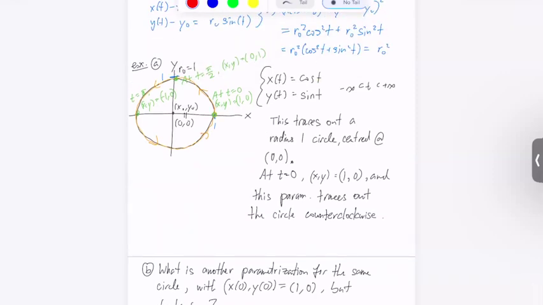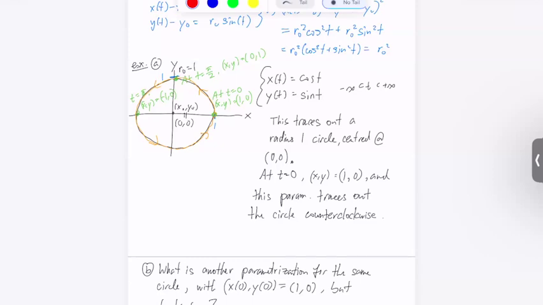I'm going twice as fast, and in that case I'll start at t equals 0, and instead of going all the way to pi, I only go to pi over 2, because if I have a factor of 2 here already, then at pi over 2 it is pi over 2 times 2. So that's just pi, and I end up here.